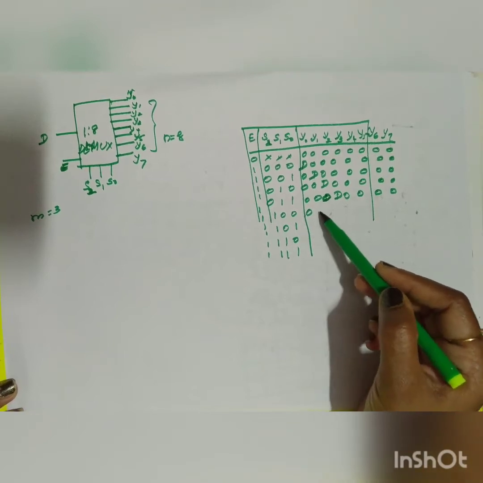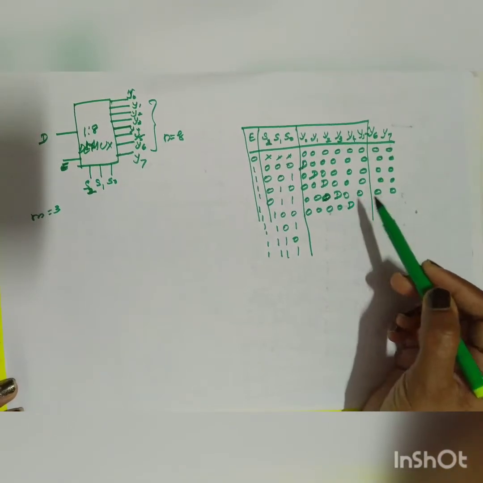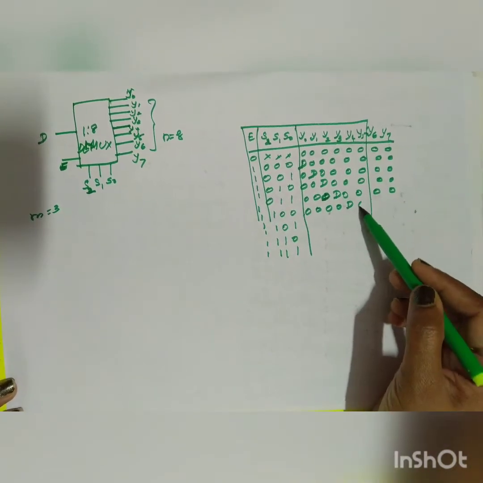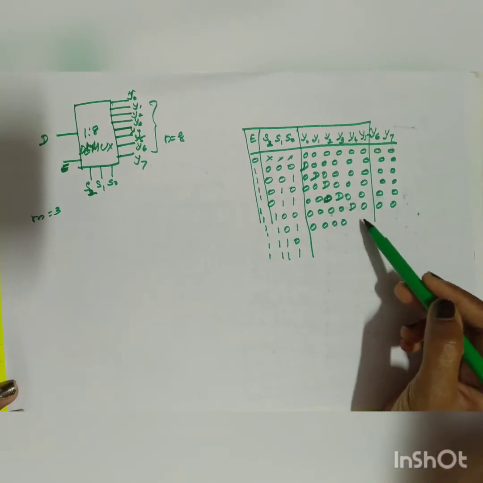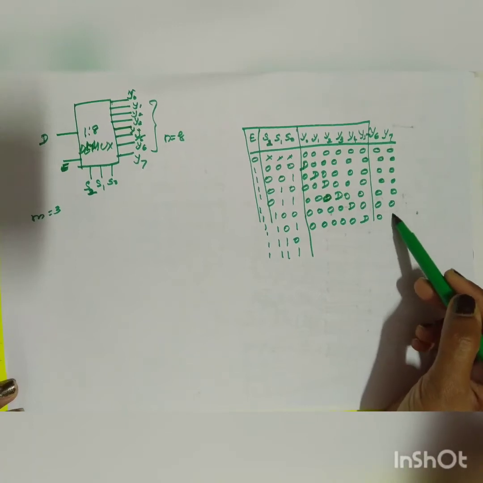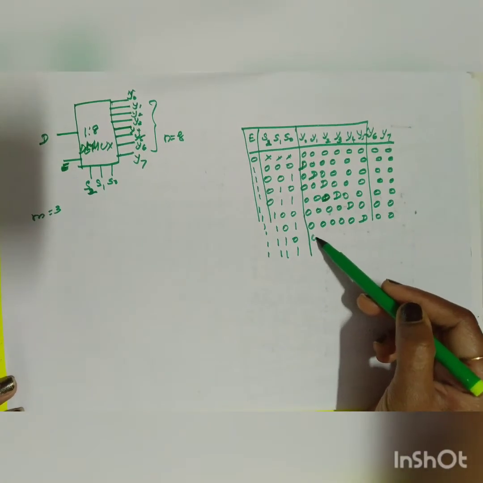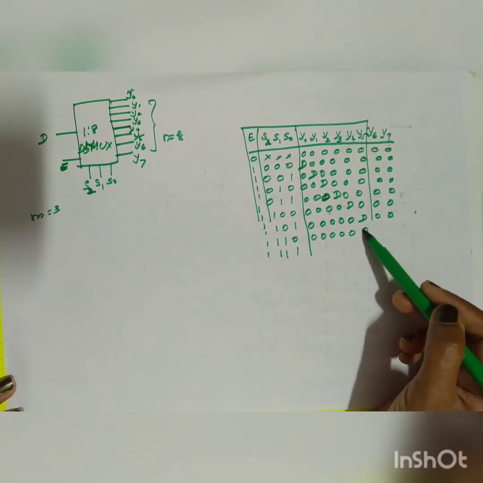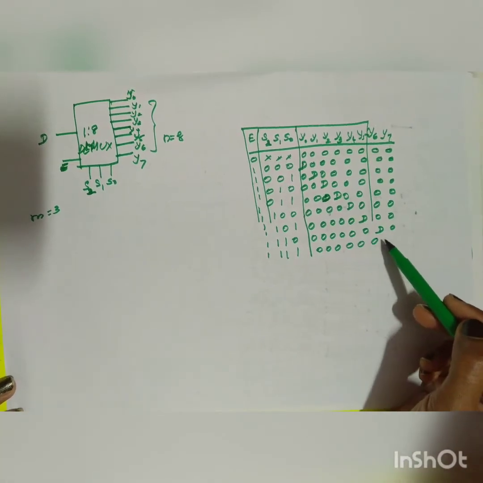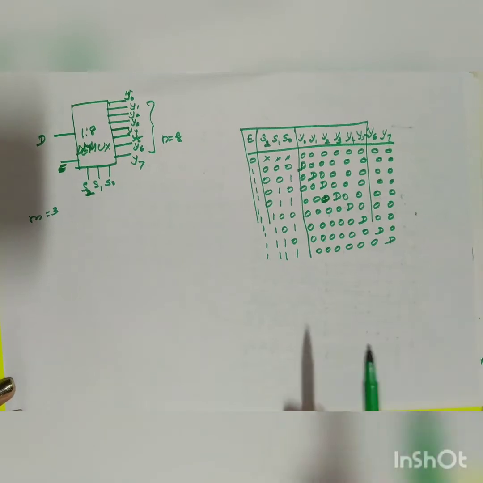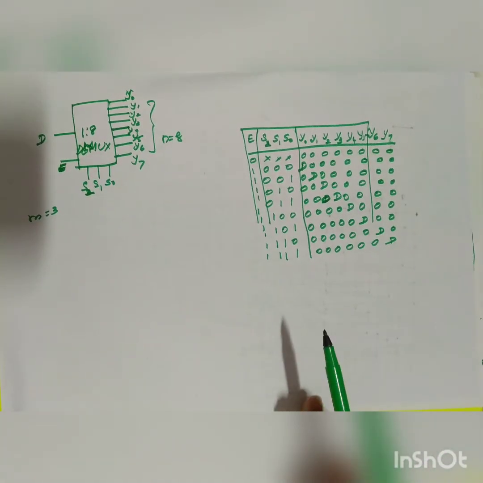For 1 0 0, you will be getting the data output across Y4. All other cases it is going to be 0. For 1 0 1, your data output will be in Y5. Similarly, for 1 1 0, the data output will be across your Y6. And the last case, when everything is high, your data will be across your Y7. So this is how the circuit works.